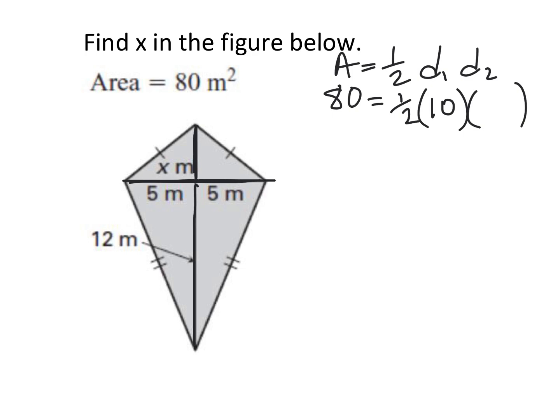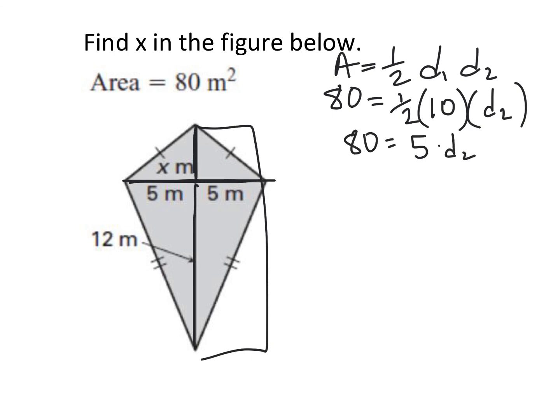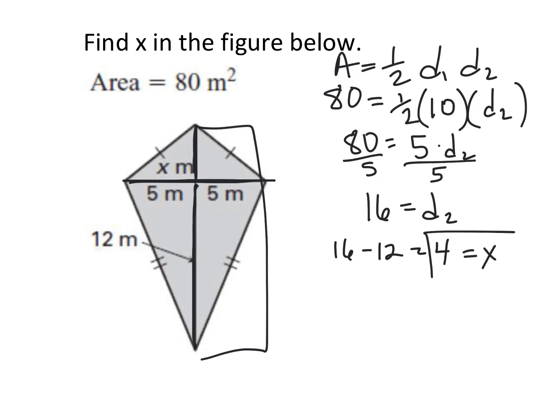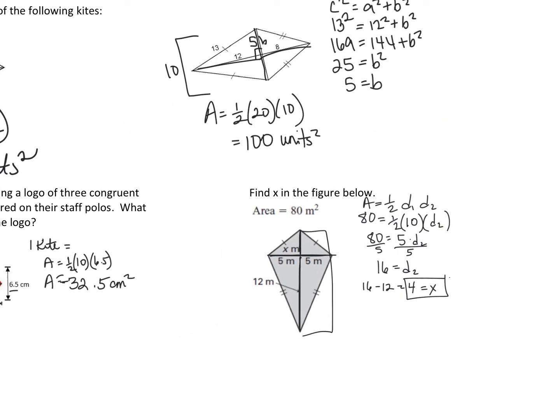Okay, so we're figuring out what x is. Let's call the whole thing diagonal 2, and we'll solve for this. So we get 80 equals 5 times D2, divide by 5, and we get 16. Well, we already know that this part is 12, so 16 minus 12 is 4. So 4 is equal to x. And that's it for the kites.